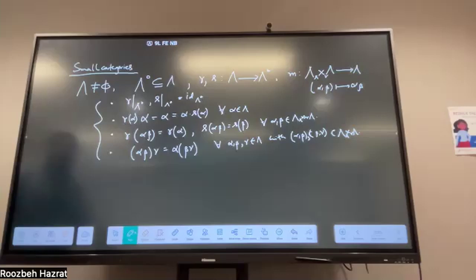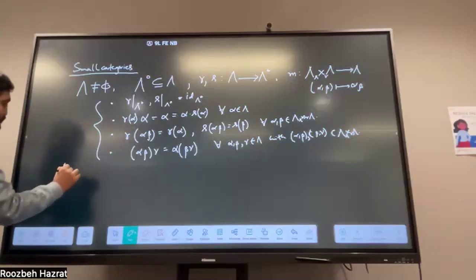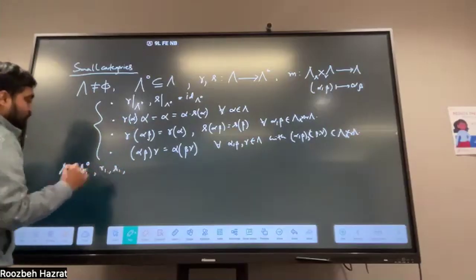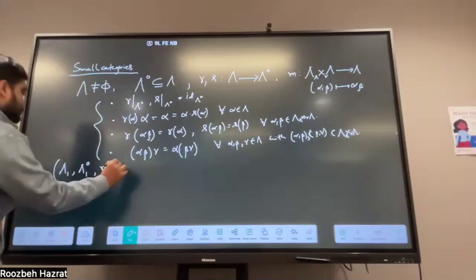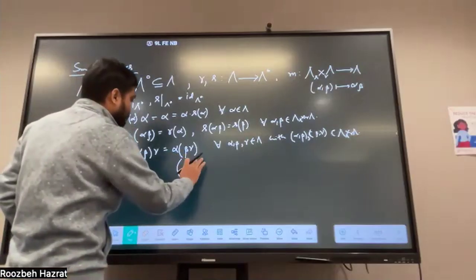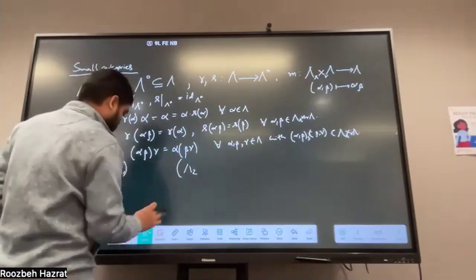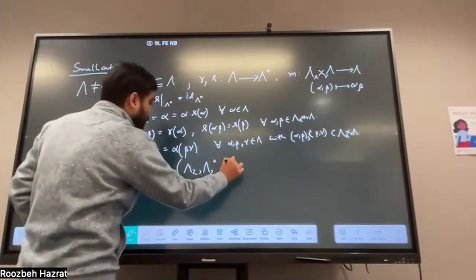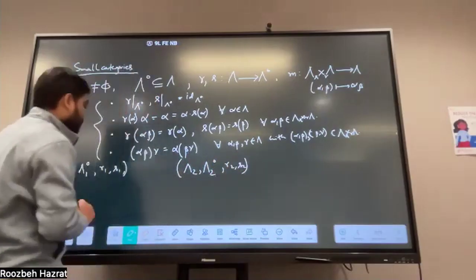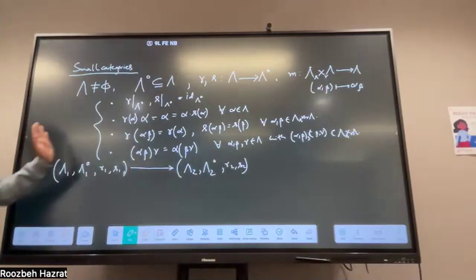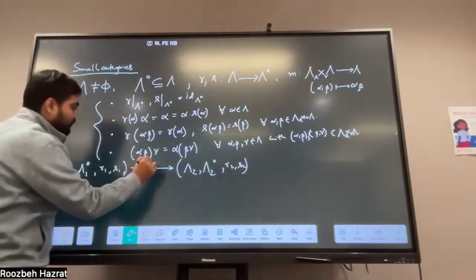And then if you have two such small categories, say Lambda 1, Lambda 1 naught, R1, S1, and another one Lambda 2, Lambda 2 naught, R2, S2, then a map which preserves the structure will be termed a functor.